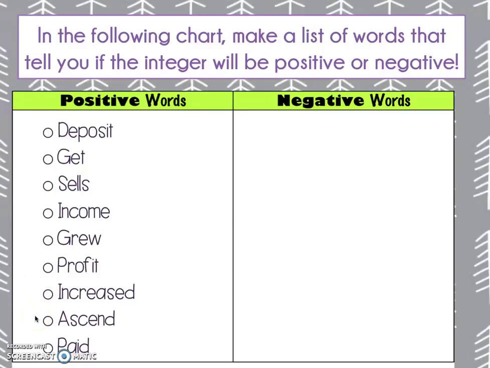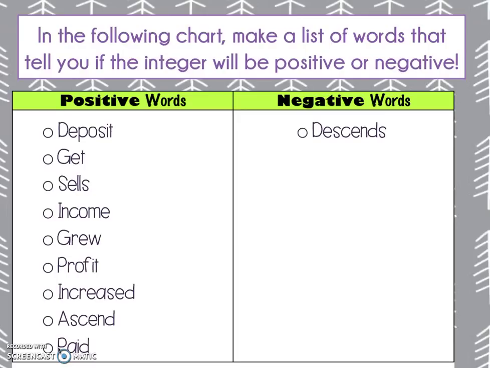Ascend. To ascend means to go up, and usually we're talking about elevation. So if you're going up, those are positive. And paid. When we talk about being paid, we're getting money in our pockets, and so that's a positive number. So if you need to pause the video to get that word bank down into your positive columns chart, we're going to be using that for the rest of the integers unit, so make sure that you get all of those on there. Now we're going to move on to our negative words.